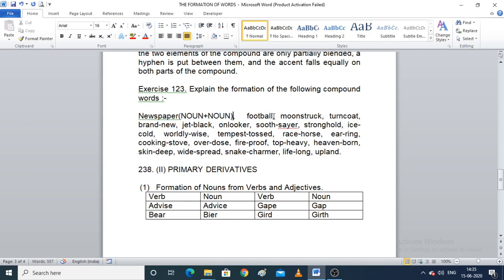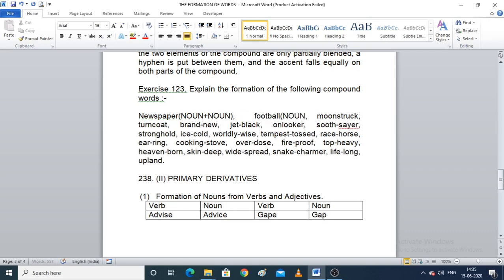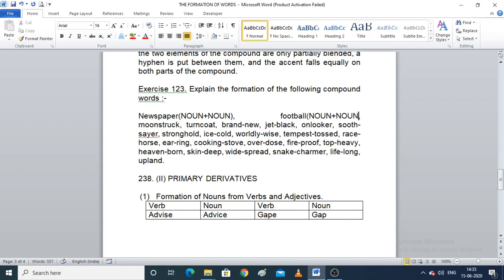Similarly, in this example, football. Foot is a noun plus ball is also a noun. I have given you two examples and you need to do all the other examples to check how much you understood about this topic.